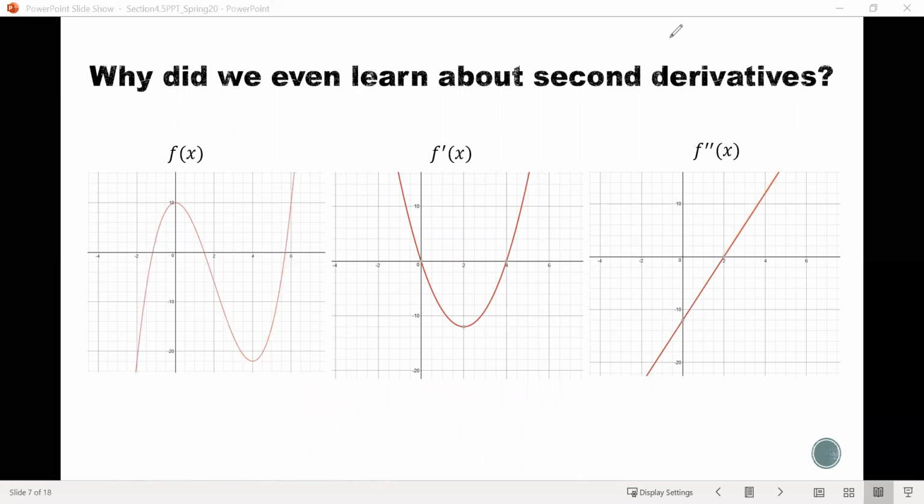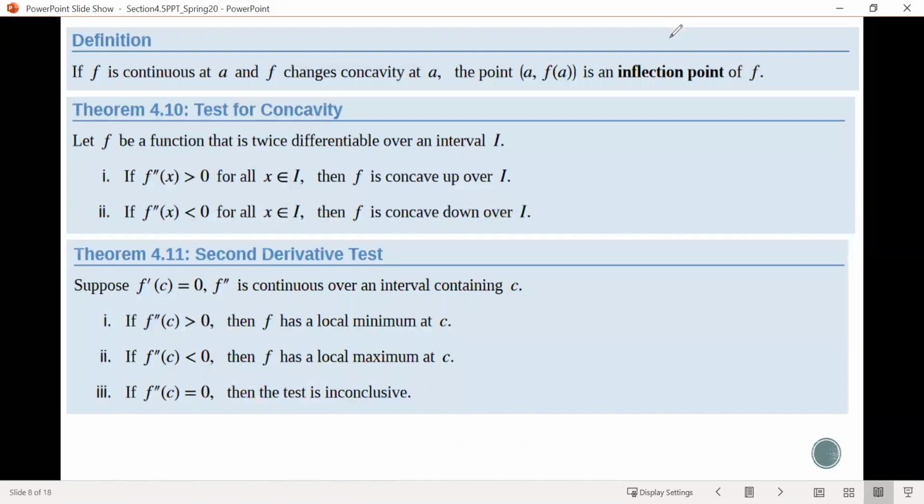All right. So here is a summarization of some of that, and then also an introduction to what we call the second derivative test. So first of all, the first box up there talks about if we have a point where the concavity of a function is changing, then we call that point an inflection point.